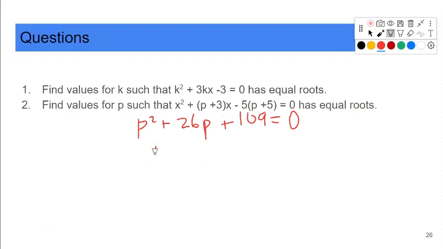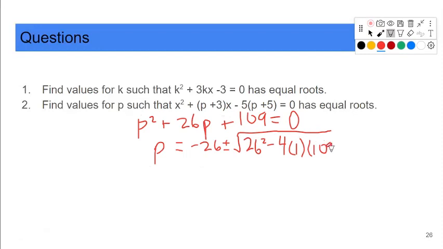So using the quadratic formula, we have p is equal to negative 26 plus or minus the square root of 26 squared minus 4 times 1 times 109, all over 2 times a, which is 1.